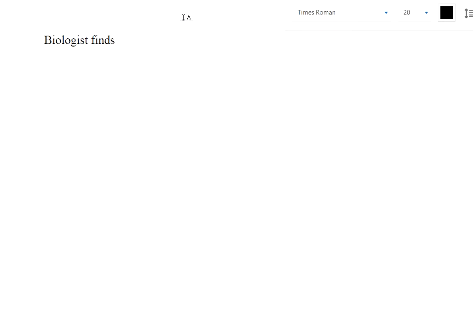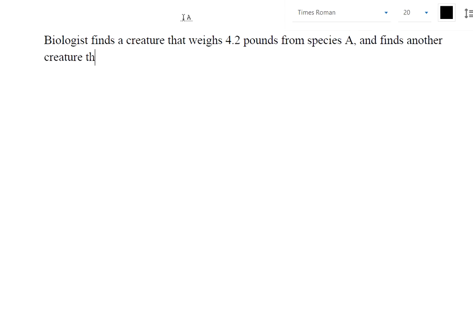One biologist finds a creature that weighs 4.2 pounds from species A, finds another creature weighs, let's say, 72.5 pounds from species B. Okay, two different species.